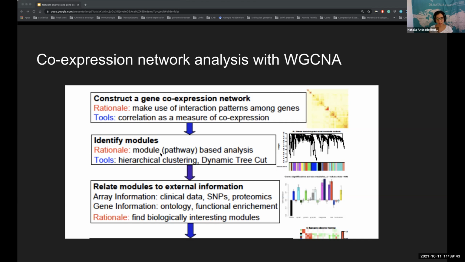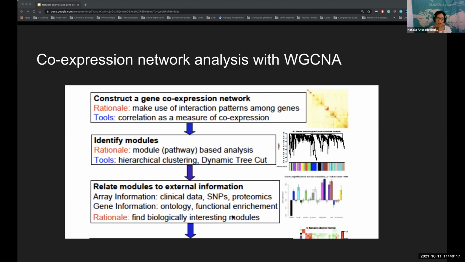So WGCNA has the potential to integrate other databases into your analysis, and so you will be able to give them ontology, which means what that gene is doing, its functionality, and based on that and the clustering of your genes, you can make some pretty graphs to know what your treatment is doing to your genes.